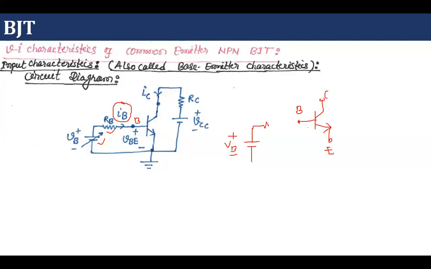and with the help of a resistance, we are going to connect this positive voltage to the base. Since this is the resistance connected to the base terminal, I'm going to say this is RB, and this negative terminal of the battery will be connected to the emitter. Similarly, on the collector side also, we are going to connect a resistance and a DC voltage in this manner.